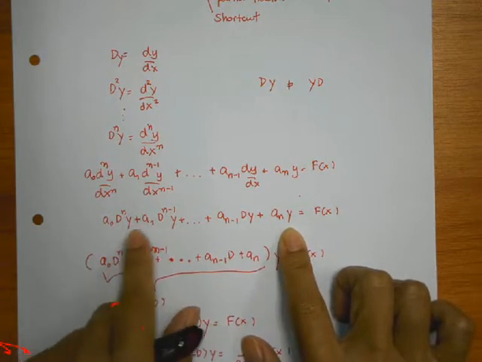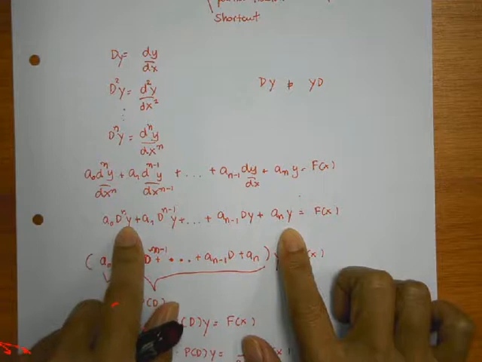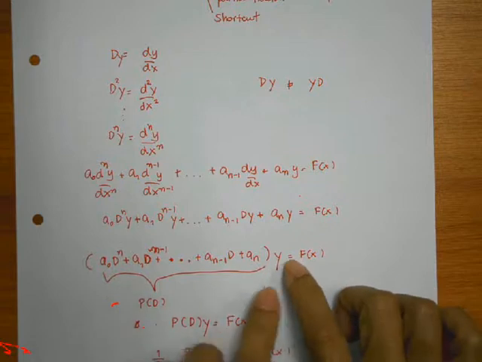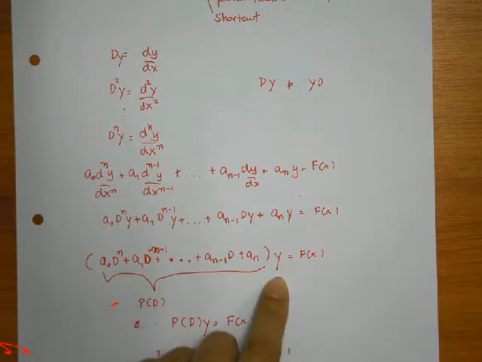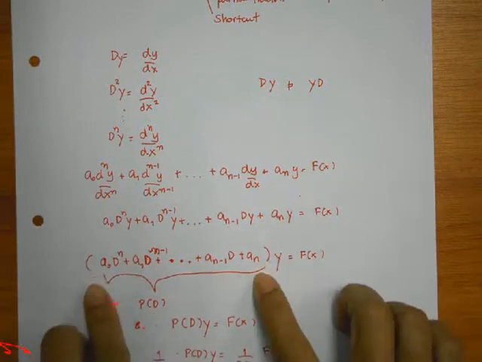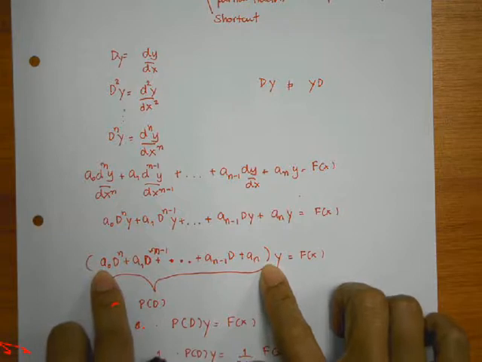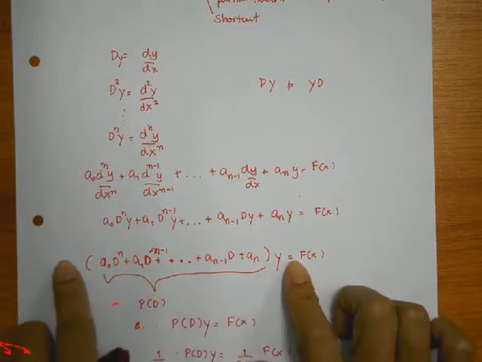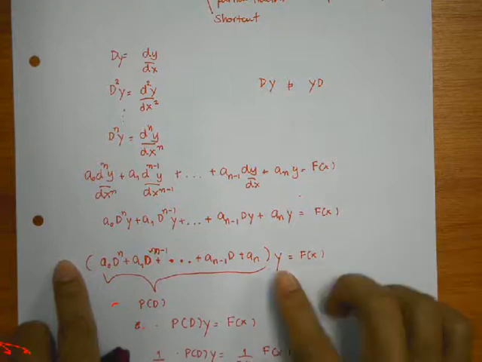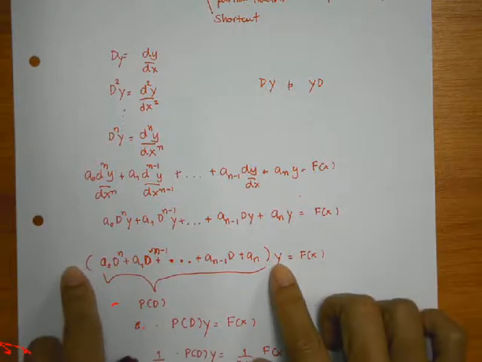In this equation, you have y in each term, so we take y out. If we take y out and put it at the front of the term, the meaning would not be the same.